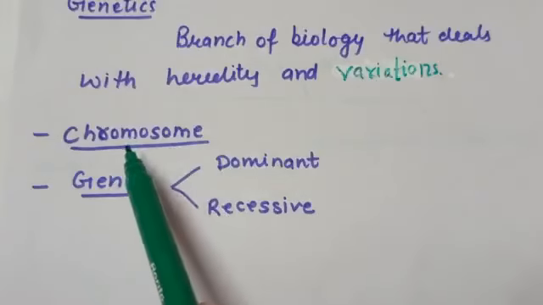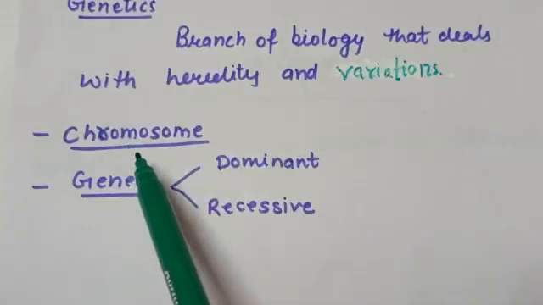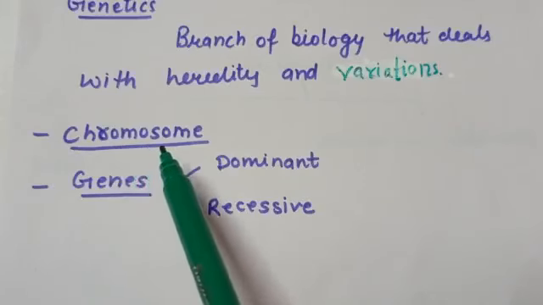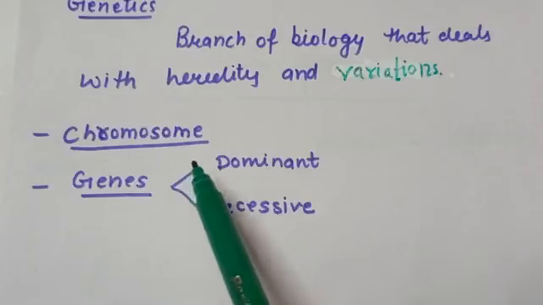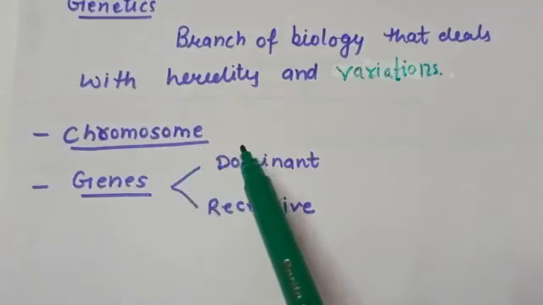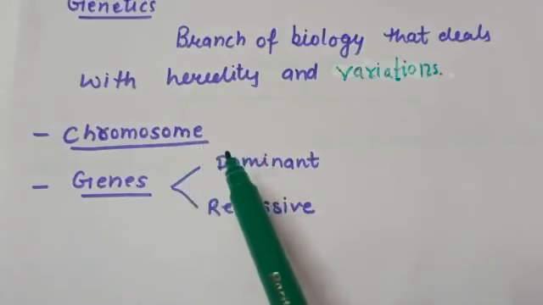So we know a chromosome is a thread-like structure present inside the nucleus of a cell, and along with the chromosomes DNAs are present. DNAs carry the genes. So DNA is a long strand having many genes in it.